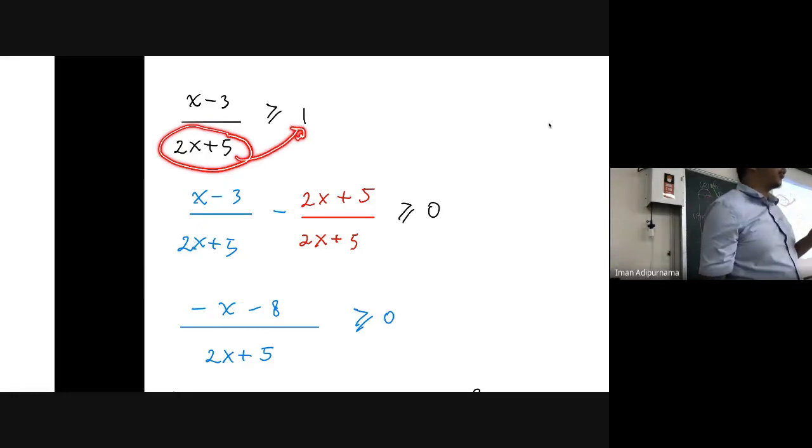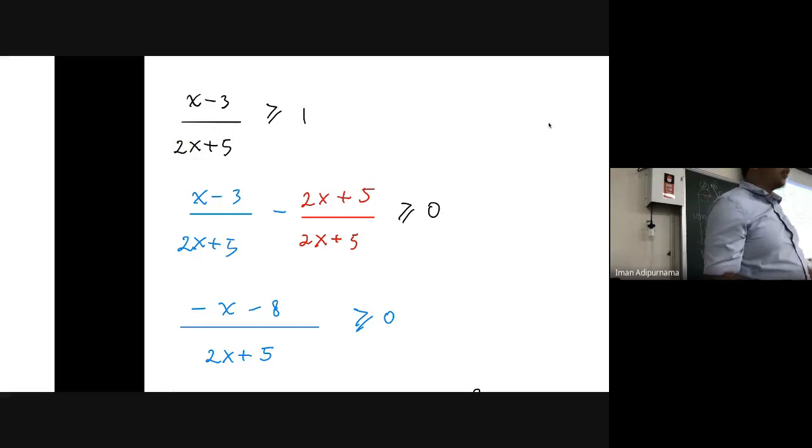In mathematics, you cannot do that with an inequality. Because when you do that, you will break the domain. This is still your whole function, and 2x plus 5 should not equal 0. That's the first thing.